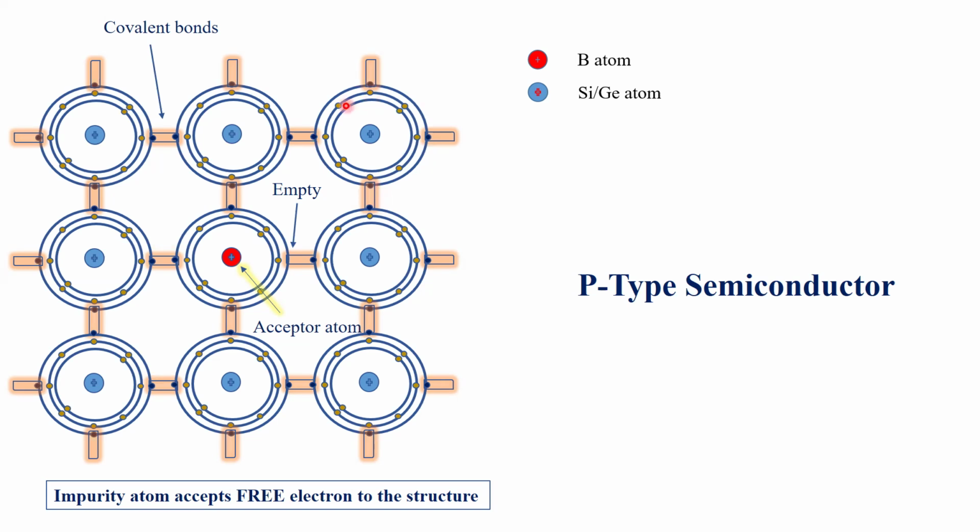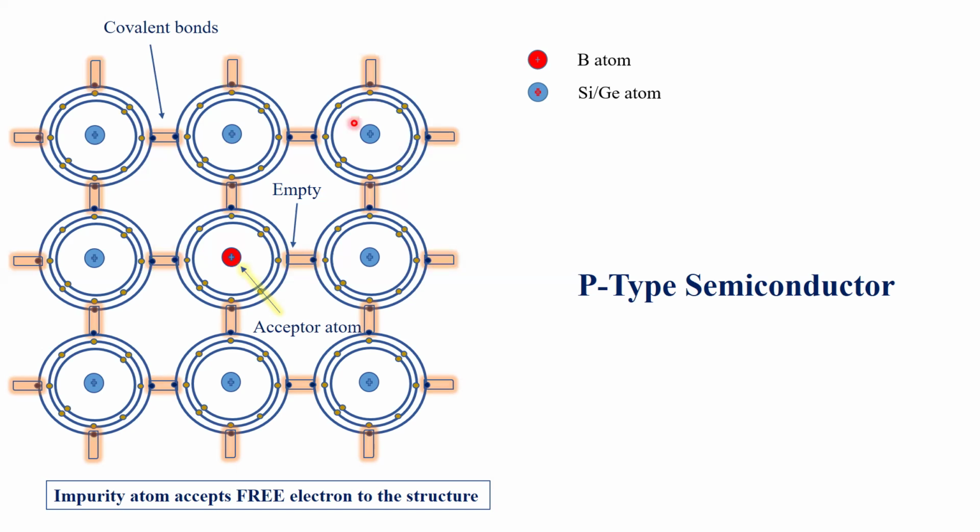Obviously in the innermost orbits you have a few other electrons. The total number of electrons in all the orbits of silicon is 14, so the atomic number of silicon is 14. For germanium it is 32, that's why the germanium atomic number is 32.